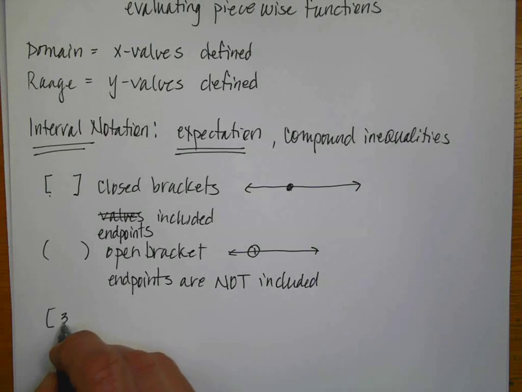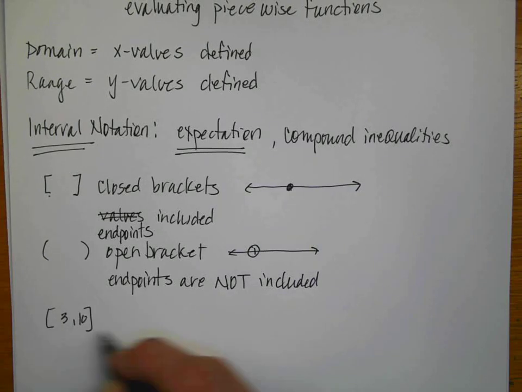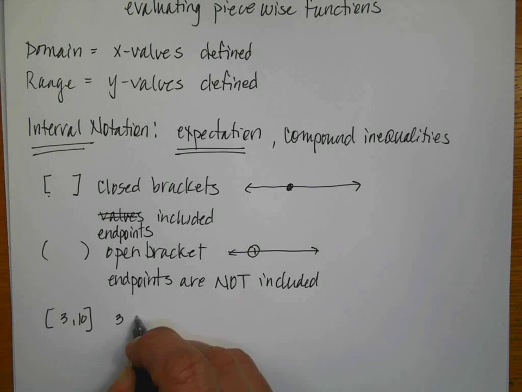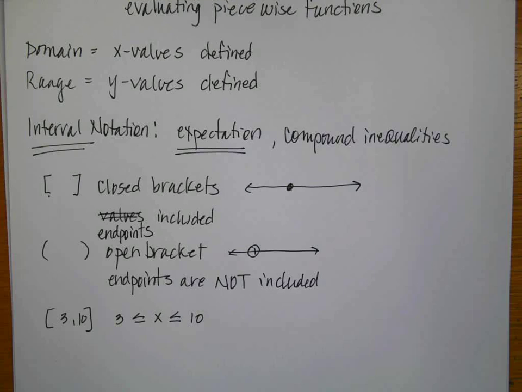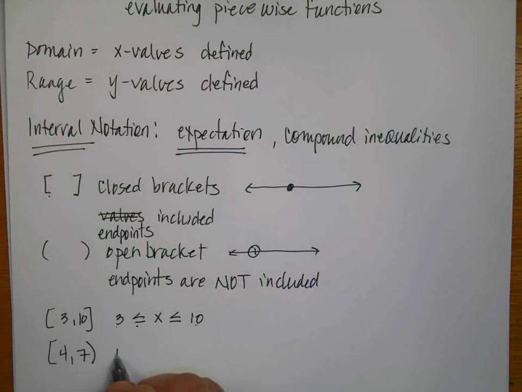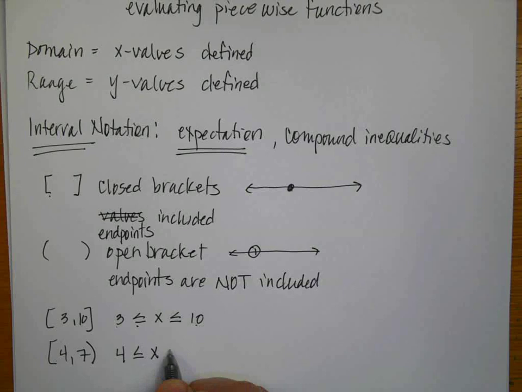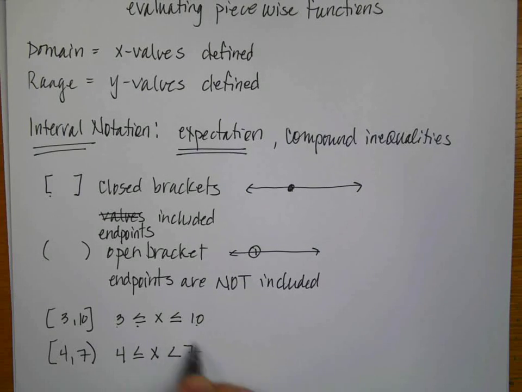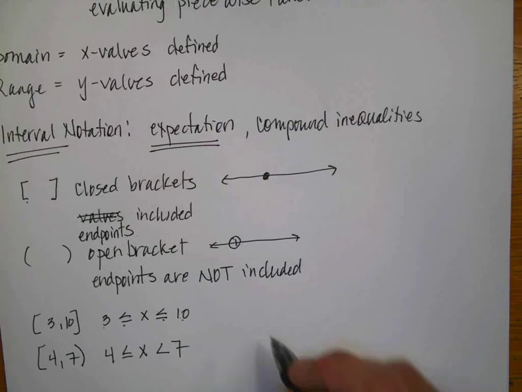If I had the interval from 3 to 10, that's the same thing as saying 3 is less than or equal to x is less than or equal to 10. Alrighty, and notice that that means the 3 and the 10 are included because of the less than or equal to. If I had 4 to 7 with an open bracket, that means that 4 is included and the 7, notice there's no equal sign, the 7 would not be included.